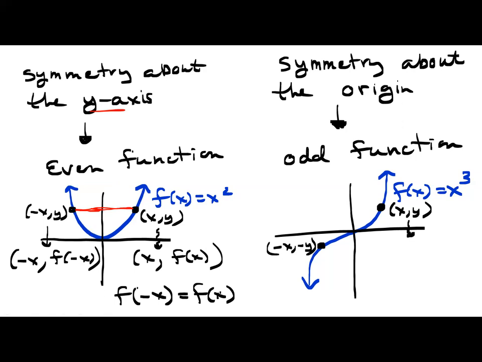Here it is. We're going to label this guy as plugging in an x and getting f of x. This one's going to be plugging in a negative x, which gets you f of negative x. Now the question is, are they the same height now? No, notice the y values here.